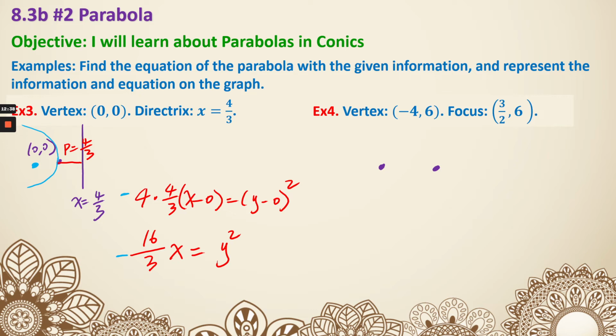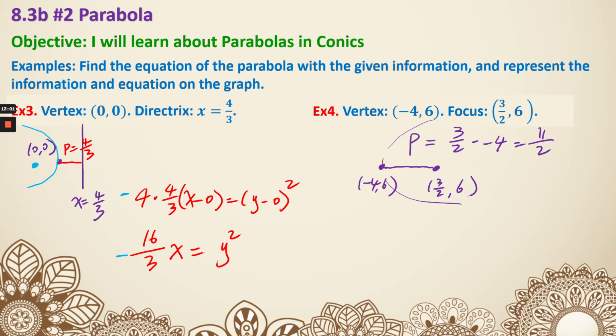-4, 6. So that is my vertex, that's my focus. Clearly I can know it's facing right. And if that is -4, 6, and that is 3/2, 6, we need to find our p, basically how far away these 2 points are from each other. So 3/2 minus -4 is going to be 11/2. That is my p.